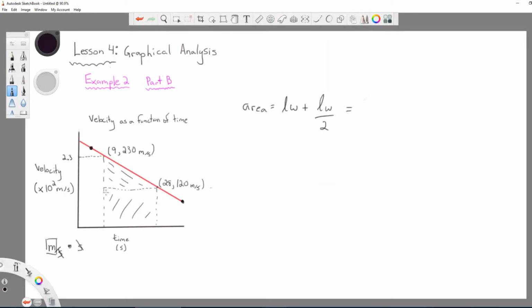Well, we know that this one is going to have a height of 120 meters per second and a length of, well, 28 minus the 9. So this distance from here to here is going to be 28 minus 9, which works out to 19, I believe. So we're going to say that this length times width, the length is 19. The width, we're going to say, is sort of the height on this one, is 120.